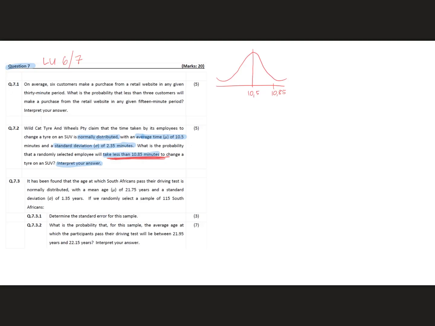They said less than 10.85, so that would be in this direction. If you're moving towards the central line and away from it, past that central line, this indicates that the rule is 0.5 plus.